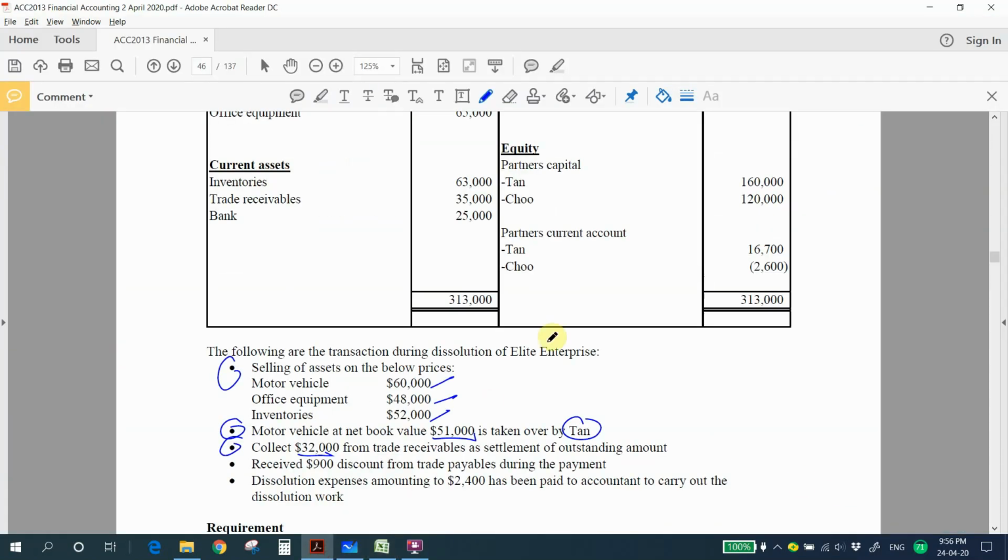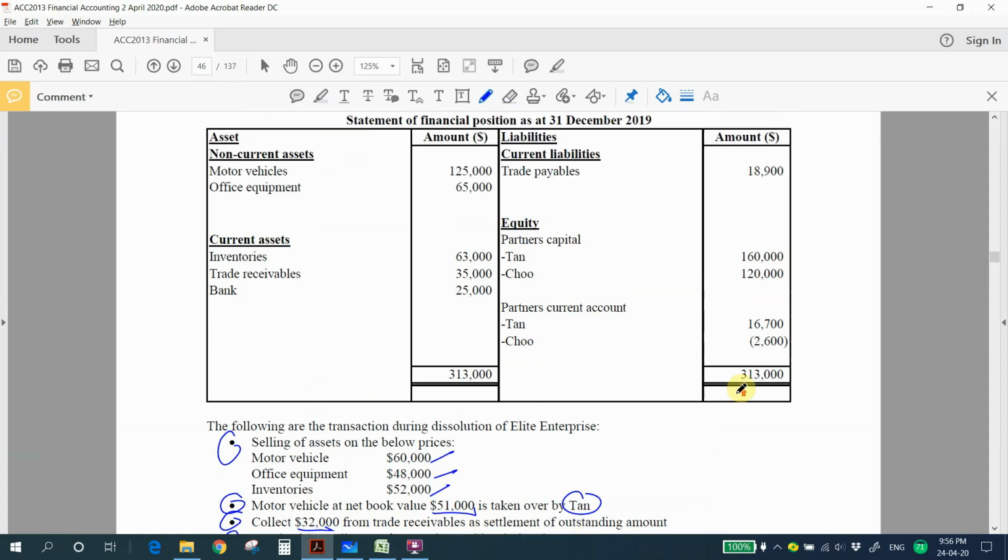Next, we receive 900 discount from the trade payables during the payment. So receive 900 discount. Tell me, my trade payables as of 31st December 2019 is 18,900.